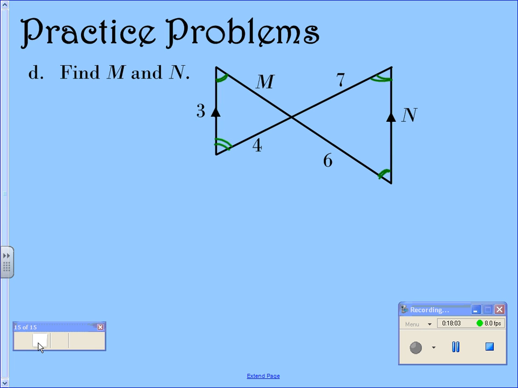Someone want to go write the proportions? Do you agree? What did you get?